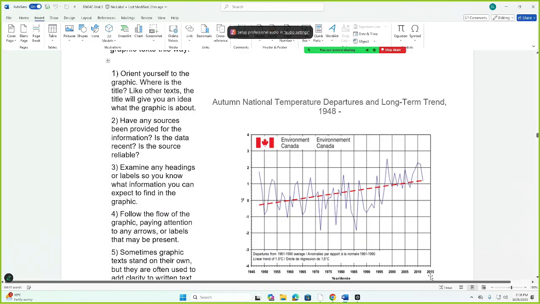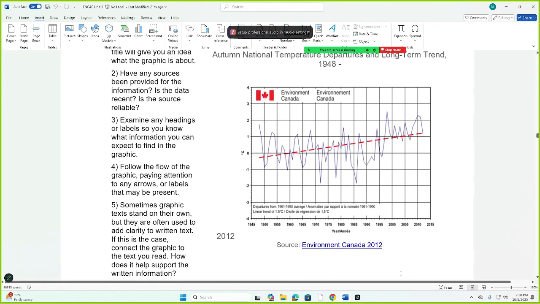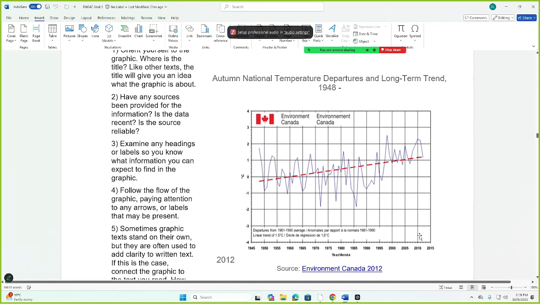If we went searching on the internet, we'd probably find it has gone past that, the data or information that they have. Okay, so this is something that will change over time. So the title is really important. It tells us what kind of information is in this graphic.